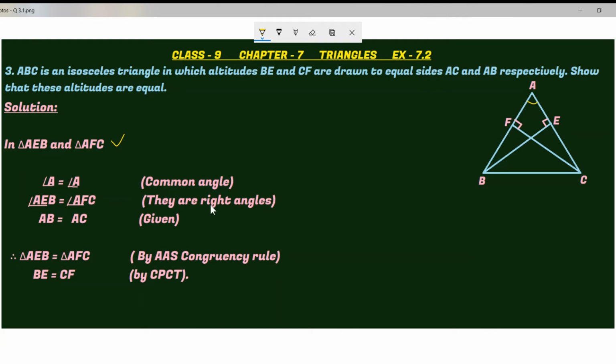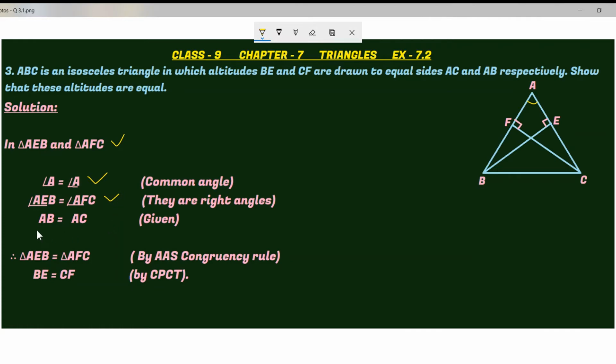Next, these two altitudes are perpendicular to AB and AC respectively. So that I have taken these two angles equal to each other because both are 90 degrees. Angle AEB is equivalent to angle AFC. So that two angles are equal to each other.